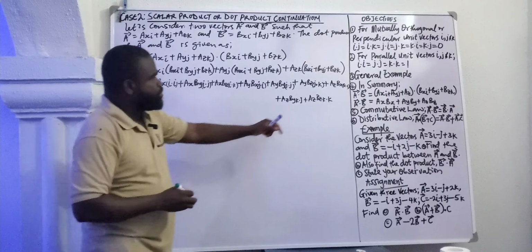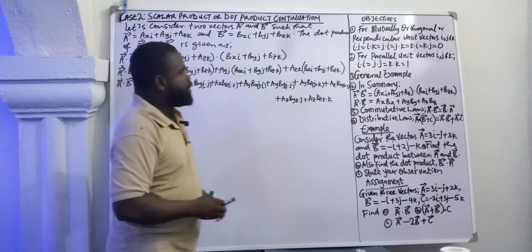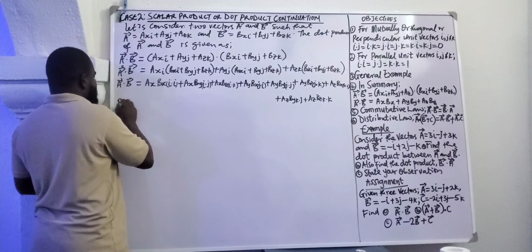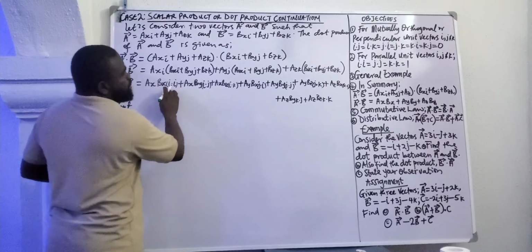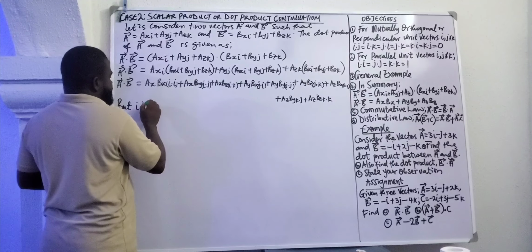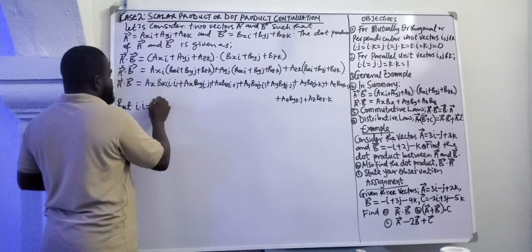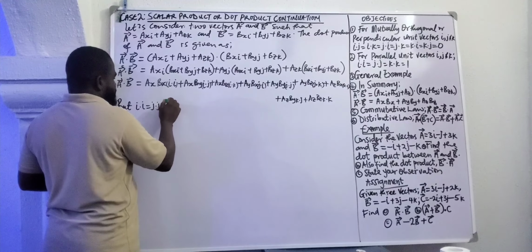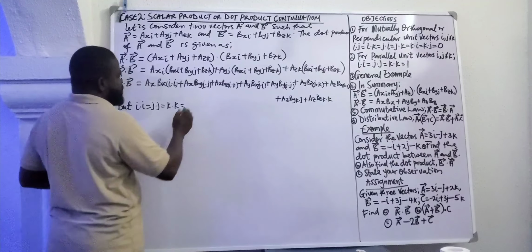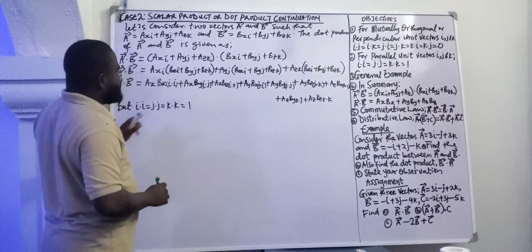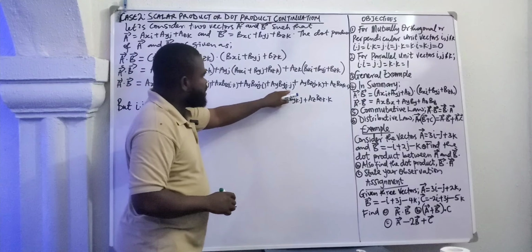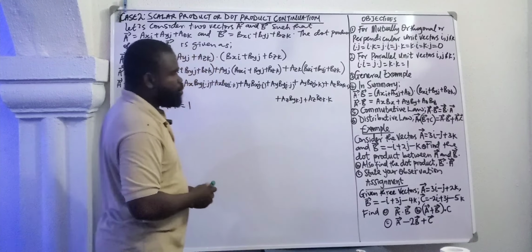So we are going to put into play our consideration. But you recall that I dot I equals J dot J equals K dot K. When the unit vectors are parallel to each other, it will be 1. So anywhere I have I dot I, J dot J, and K dot K, I will put 1 there.